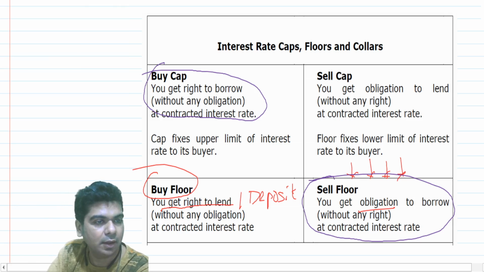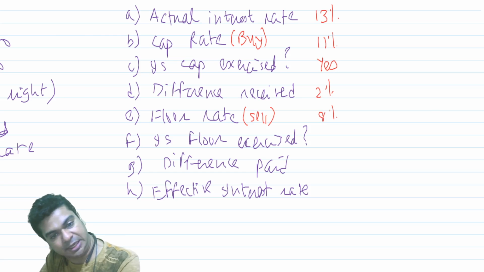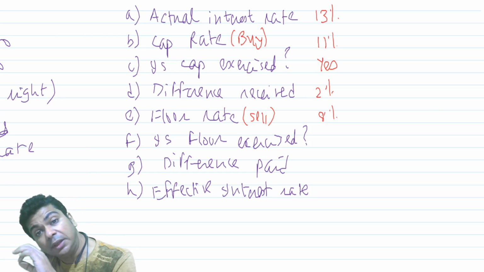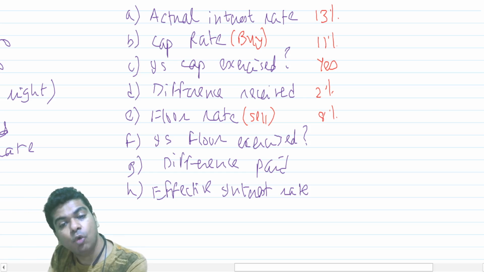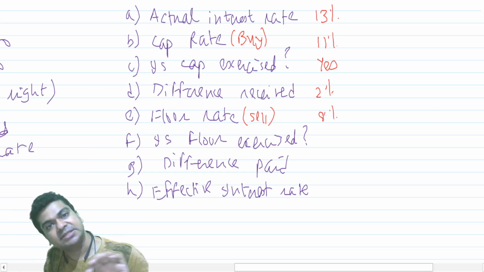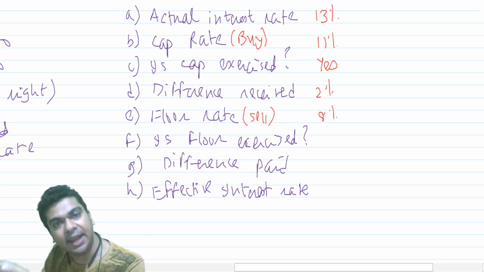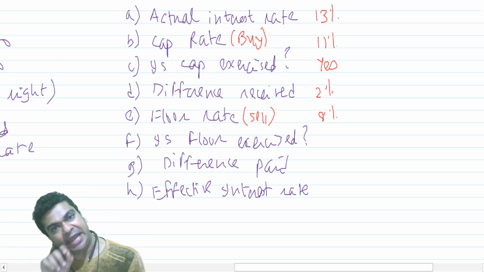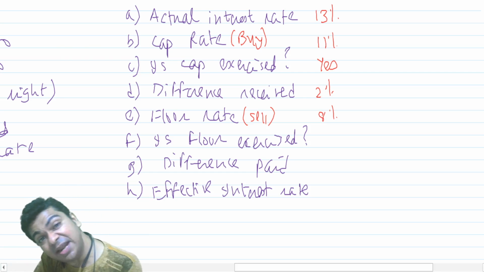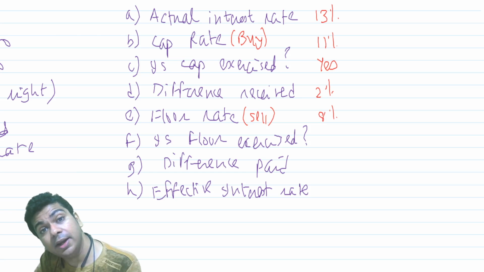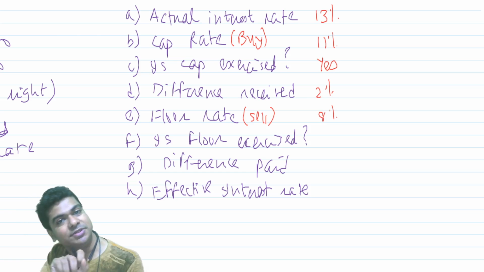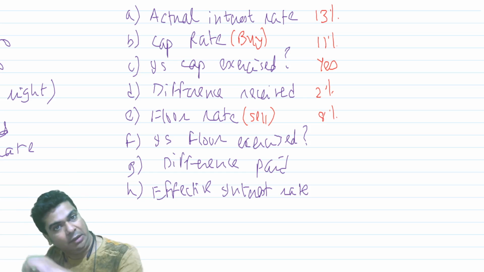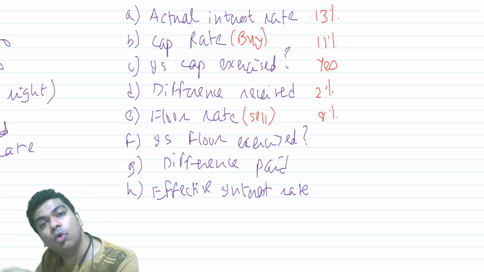Okay, return back to that table. So yes, the person who has purchased the floor from you at 8% has a right to lend money at 8. Right now the interest rate is 13%. So that person can lend money at 13% and earn interest, or earn interest by lending at 8%. Tell me, if you have purchased the floor, what will you do?